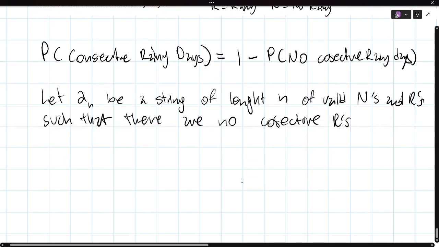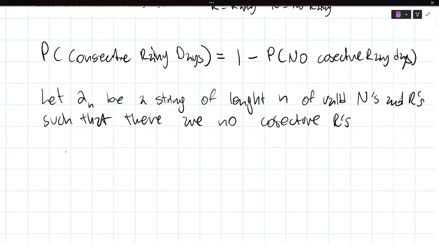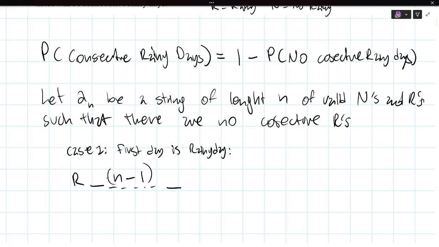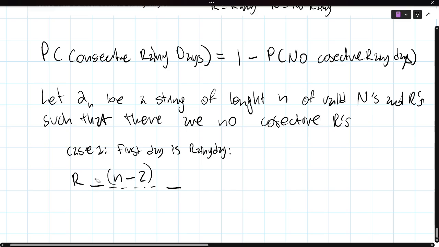This is where the problem actually becomes quite fun, because if I go with my first case, case one, first day is a rainy day, then I am left with n minus 2 spaces, because I know the second day has to be an N.